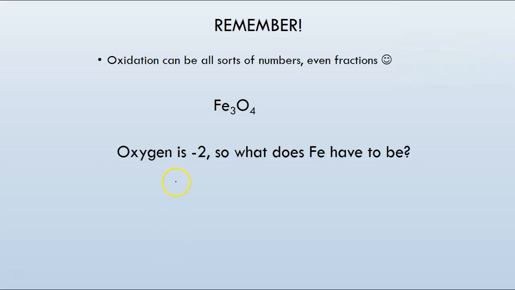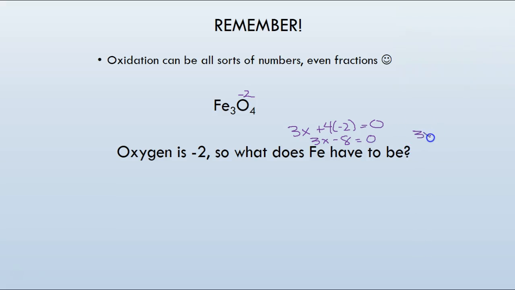So we have to also remember, though, oxidation states can be a little strange. If we look at this compound right here, oxygen is a -2, and this is a compound, so that means it's equal to 0. We have 4 times a -2 plus 3x. Why 3x? Because there are 3 iron. So we have to include that in our little formula here. We're just doing algebra. So we get 3x minus 8 is equal to 0.